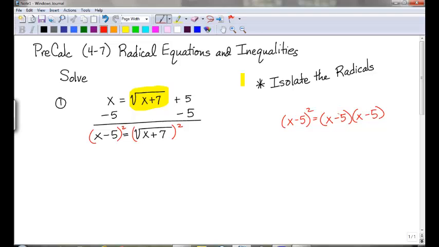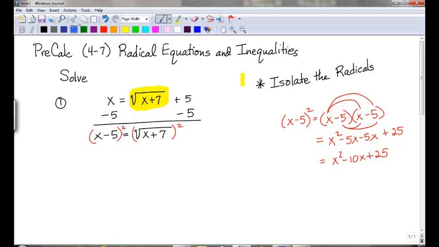You can use the arrows, multiply it out. If you can tell by sight what this is going to be, that's great. This would be x squared and then minus 5x and then minus 5x and then plus 25. Combining like terms, you'd have x squared minus 10x plus 25.